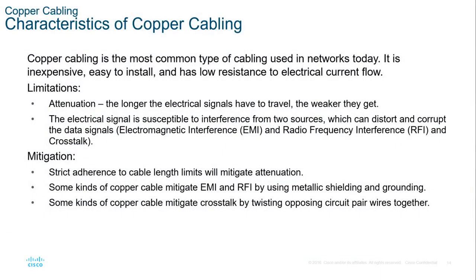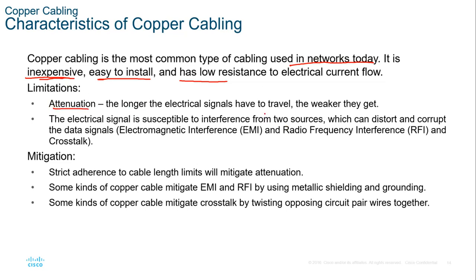Copper cabling. Copper cabling is the most common type of cabling used in networks today. It is inexpensive. I withdraw that earlier slip. It is inexpensive, not expensive. It is easy to install and has low resistance to electrical current flow. Limitation: we have attenuation.